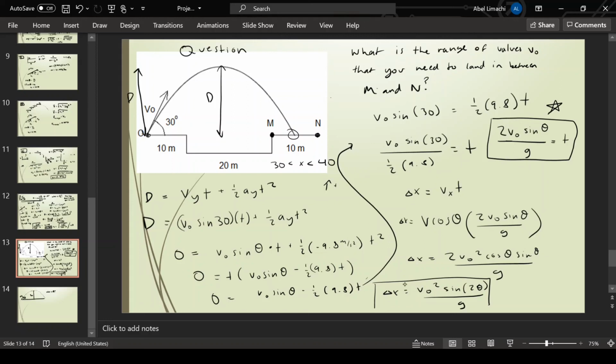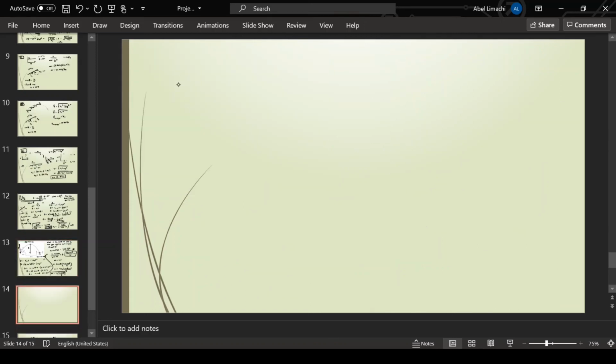Now what we need is this to be between 30 and 40. So we can set this up as an inequality. And now, oops, we forgot the square. Now we can figure out what values of v0 have to go in here.